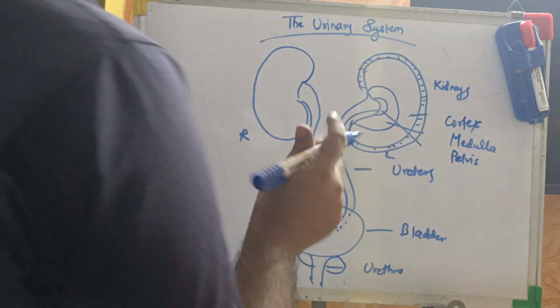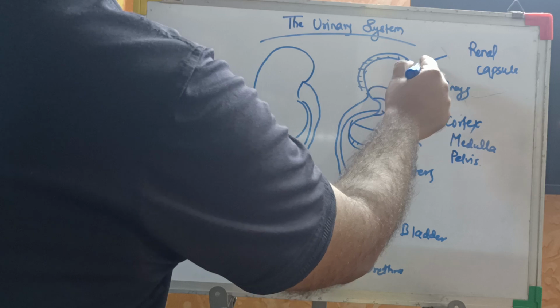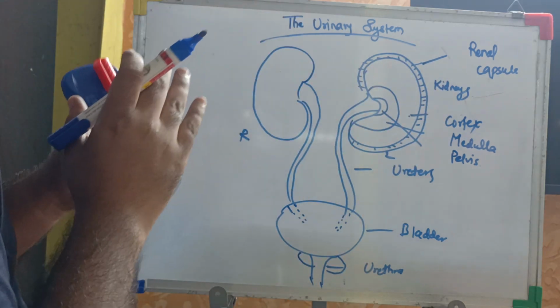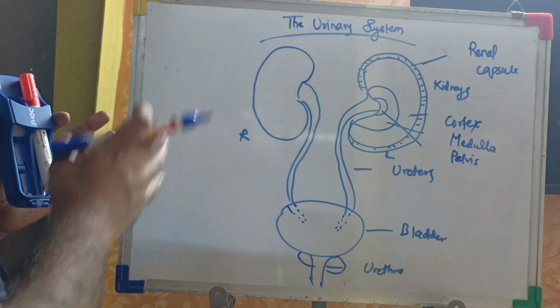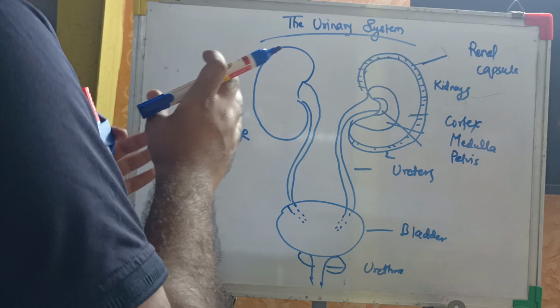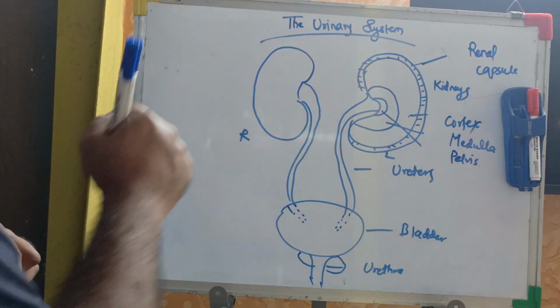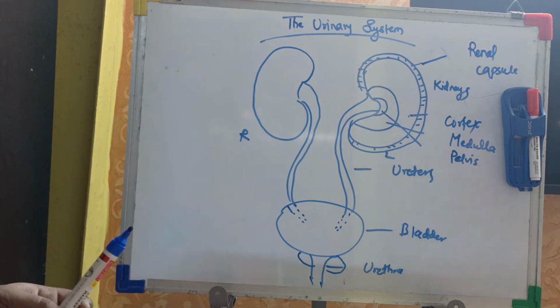The capsule is fibrous tissue which encapsulates the kidneys. It is supported by adipose tissue behind the renal capsule. So this is the normal anatomy and physiology of the urinary system.